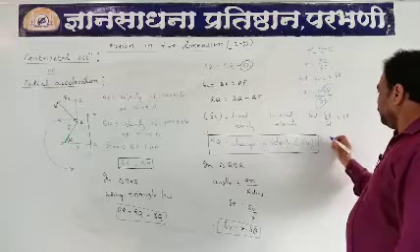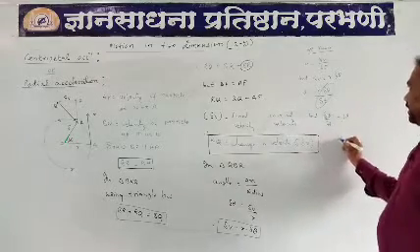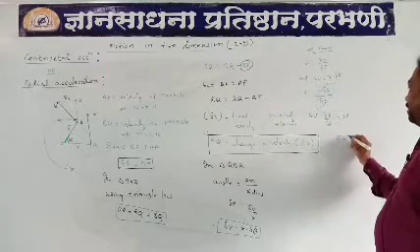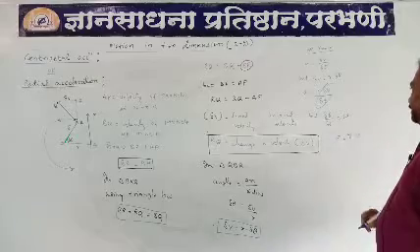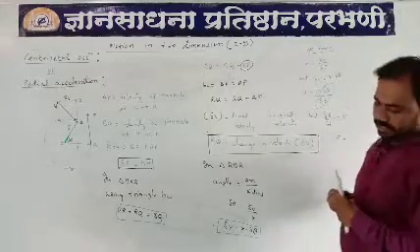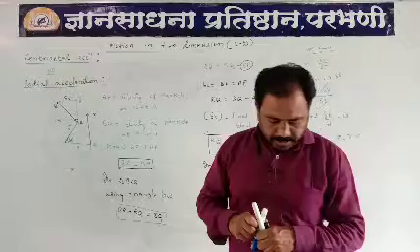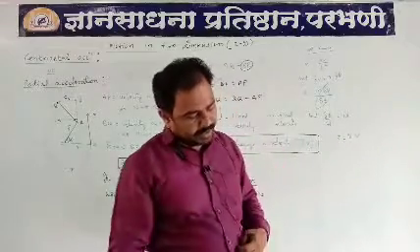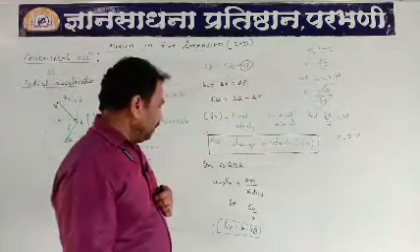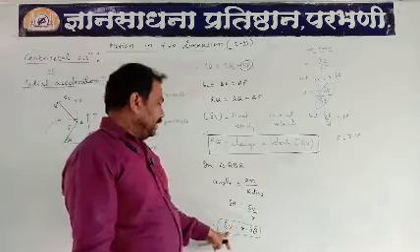Therefore we write acceleration is equal to r omega, because delta theta upon delta t means omega.